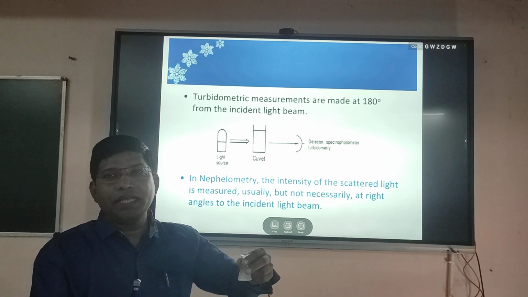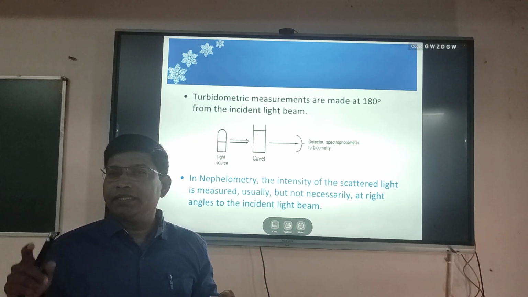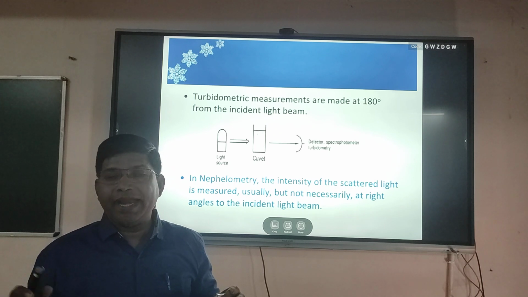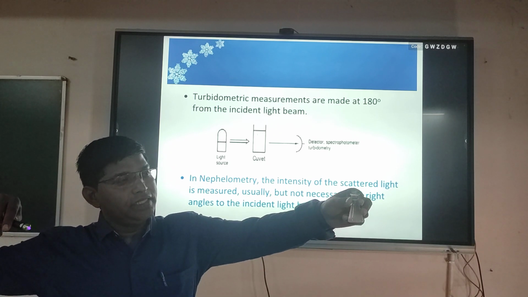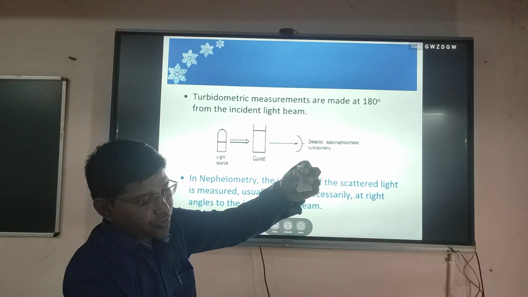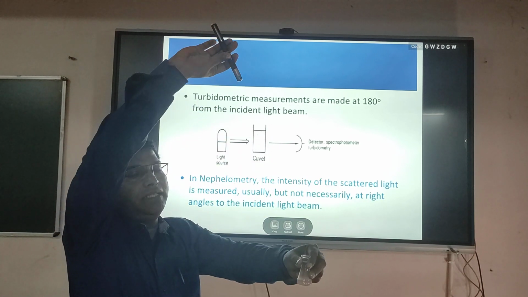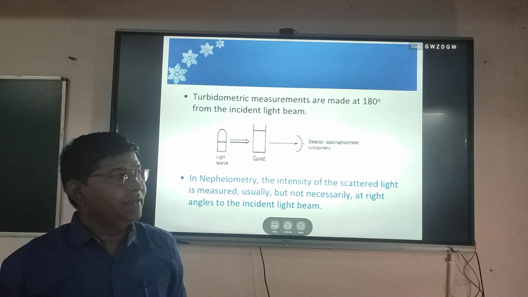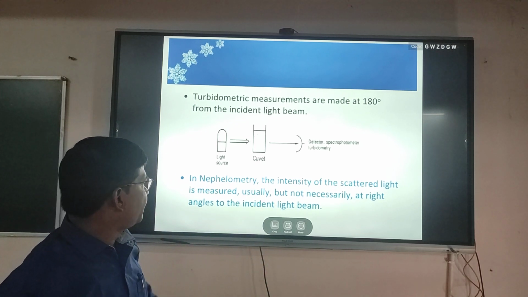Generally in nephelometry the measurement is done at a right angle to the incident light. So this is the incident light, and we put the detector here at 90 degrees, as in fluorescence or phosphorescence spectroscopy.